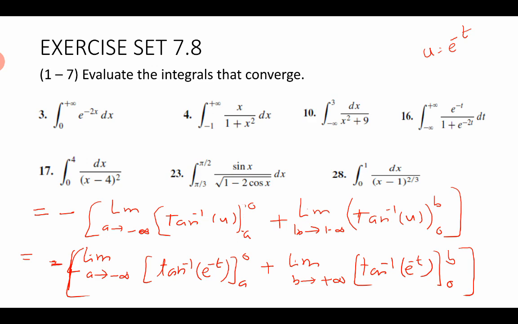So I write here, there is a limit a approaches negative infinity.